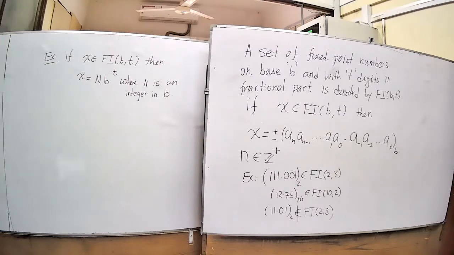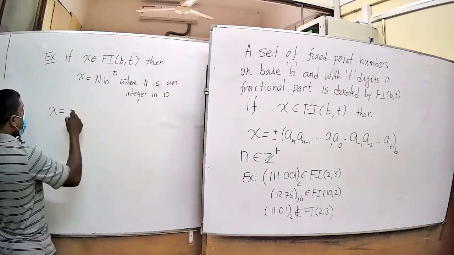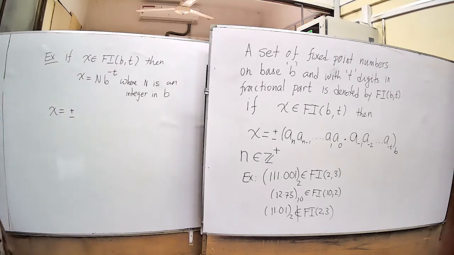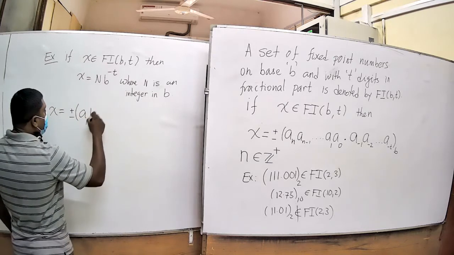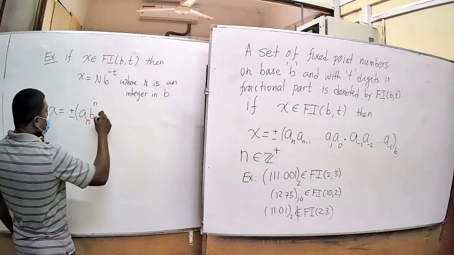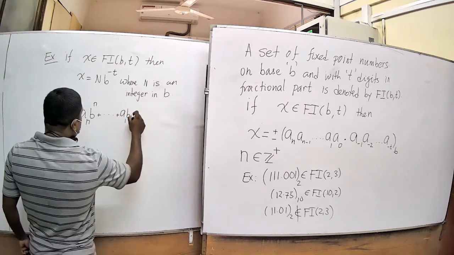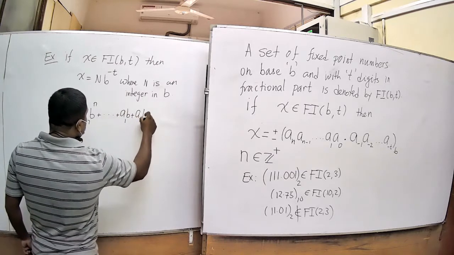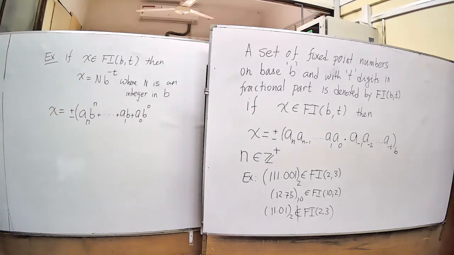We can show this because you already know the representation. So x is basically plus or minus a_n b to the power n, plus all the way up to a_1 b plus a_0 b to the power 0.